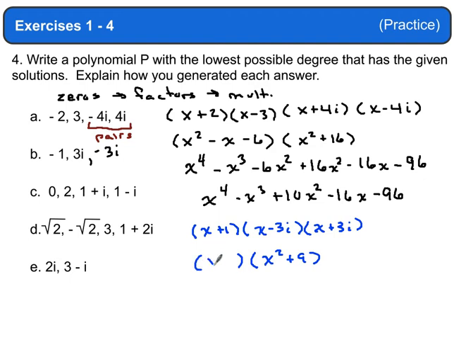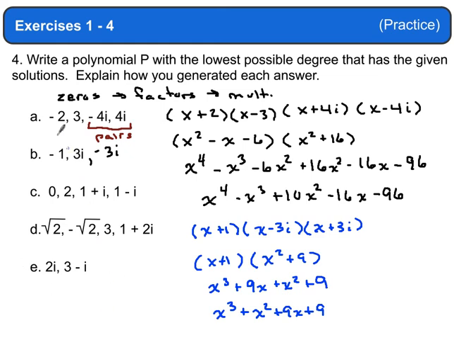Then we'll bring down our x plus 1. We'll multiply these together, so x times x squared is x to the third, and then plus 9x, and then x squared, and then plus 9. So in complete correct order, it would be x to the third, plus x squared, plus 9x, plus 9.